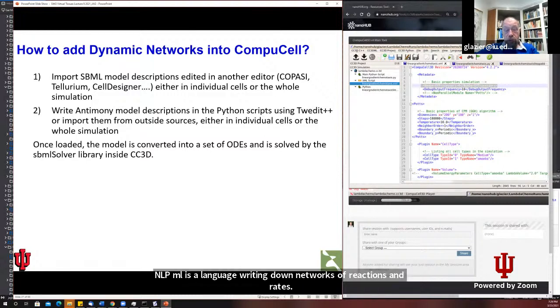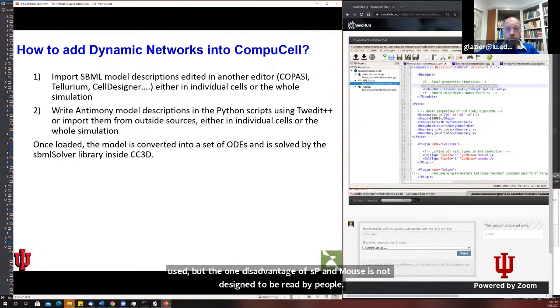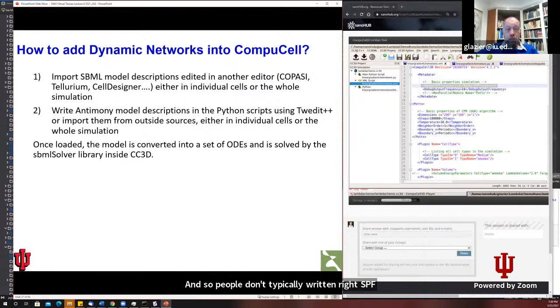Now, SBML is very widely used, but the one disadvantage is that it's not designed to be read by people. It's very verbose and very repetitive. So people don't typically read and write SBML directly. They use a model editor that either represents the SBML graphically in the form of a network of nodes and arrows and rates, or uses a different language to encapsulate the information in the SBML.